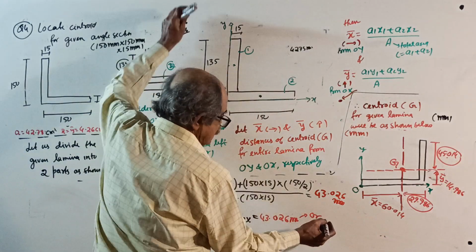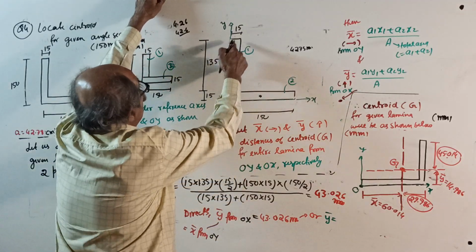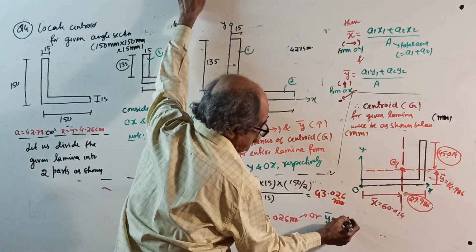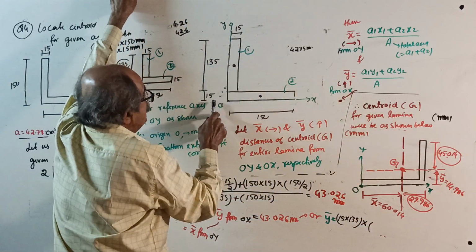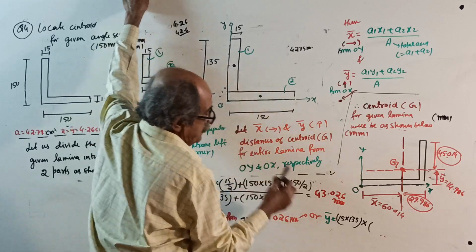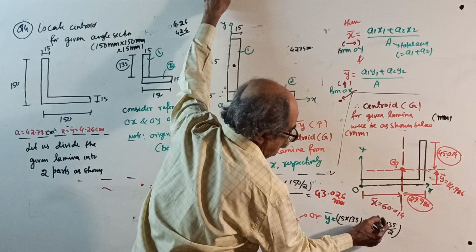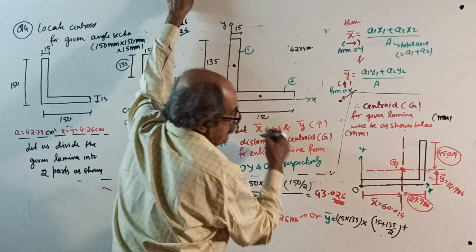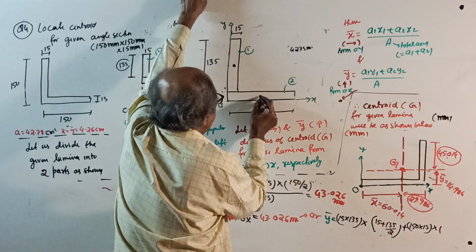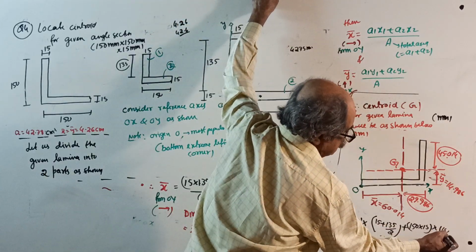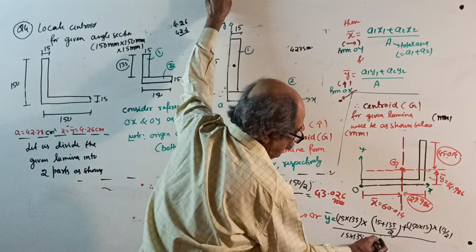Or if you are that eager, what to do? Start: y bar equal to A1, 15 into 135, into its centroid, which is here, 15 plus 135 by 2, A1 Y1 plus A2, 150 into 15, into its centroid here, 15 by 2, divided by the total area, 15 into 135 plus 150 into 15.